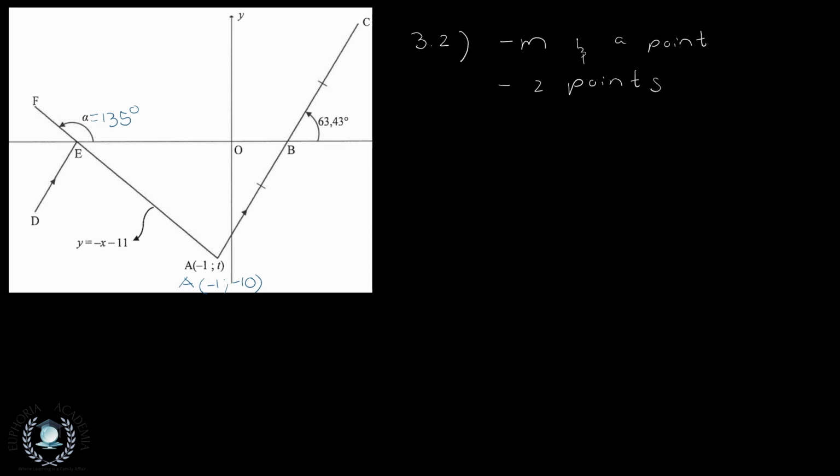Alright, and in this case, we actually have the gradient and we have the point, which is A. Alright, so let us do that.